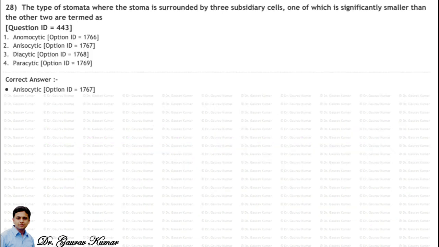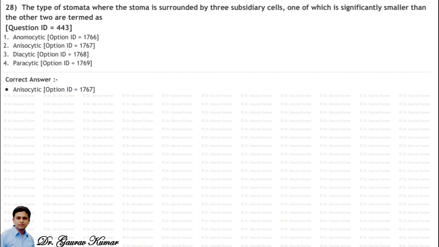Next question is the type of stomata where the stoma is surrounded by 3 subsidiary cells, one of which is significantly smaller than the other 2, are termed as. So the correct answer is anisocytic. This is a repetitive question, repeated several times in the Delhi University entrance exam.